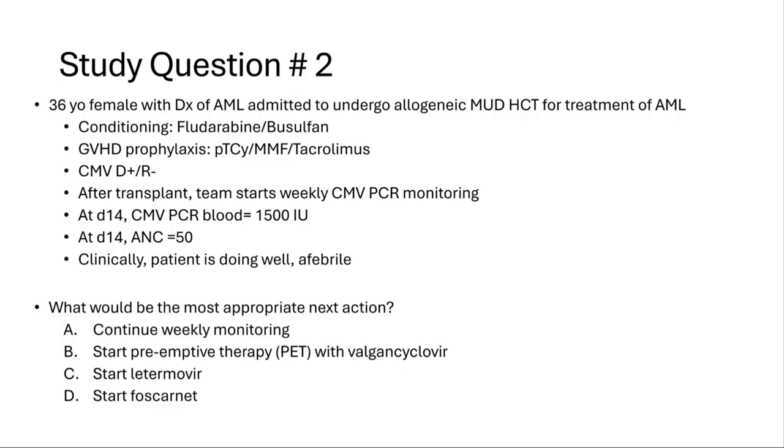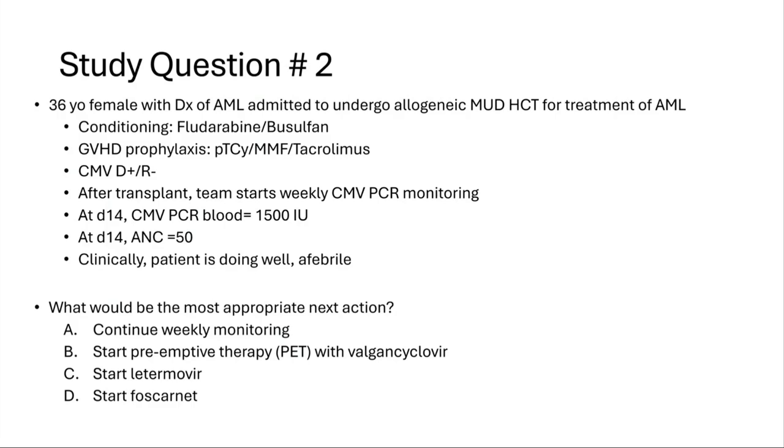This is her CMV serology status. So she's donor positive, recipient negative. So based on what we just discussed, is she highest risk, high to intermediate risk, or low risk?